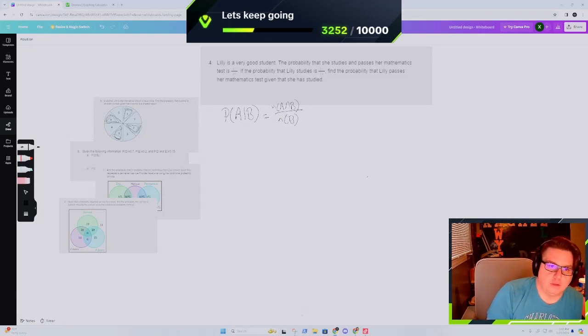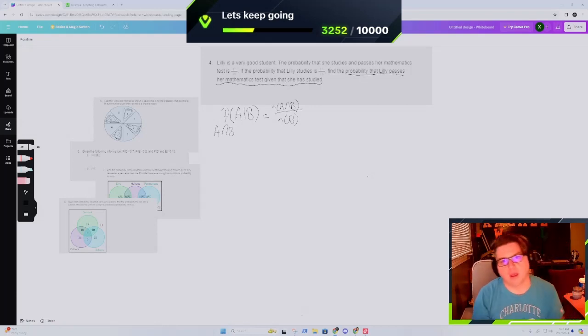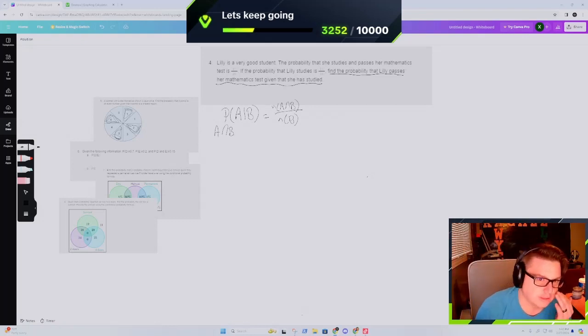So we want our A and B. They're talking about find the probability, and I always go to the last sentence. Anytime you're looking for a question in math, go to the last sentence. Usually you will find the question there. I just have done so many math problems in my life. Usually that last sentence will tell you.